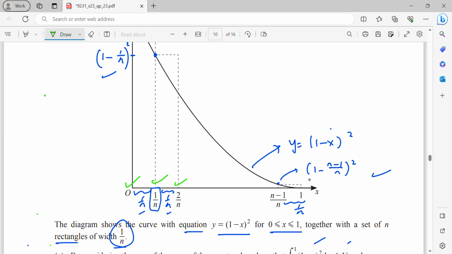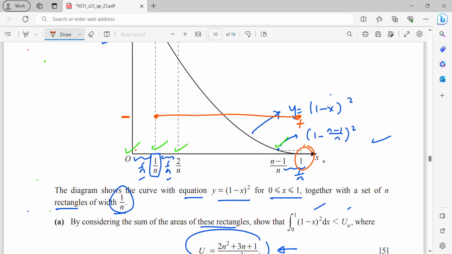Instead of 0 to n minus 1, I need to start from 1 until n, which means the first term is extra, so I have to add this term and minus that term.